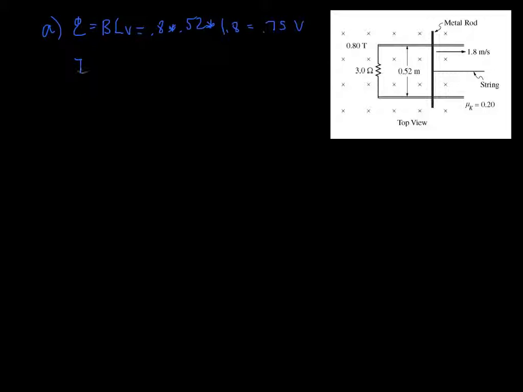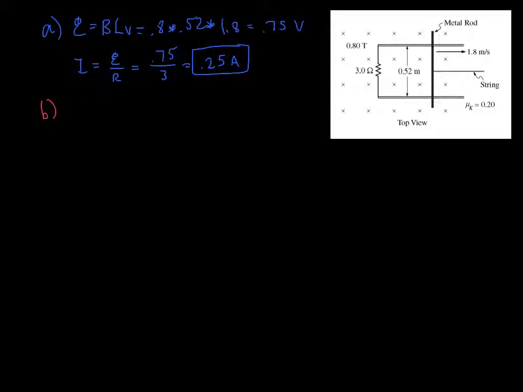And then from Ohm's law, the current is equal to the EMF divided by the resistance, 0.75 divided by 3, which is 0.25 amps.